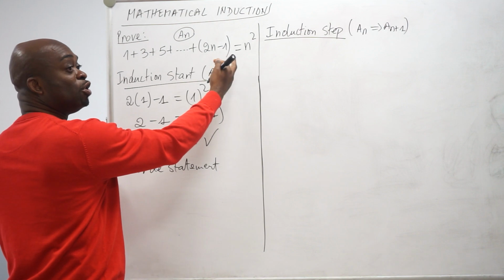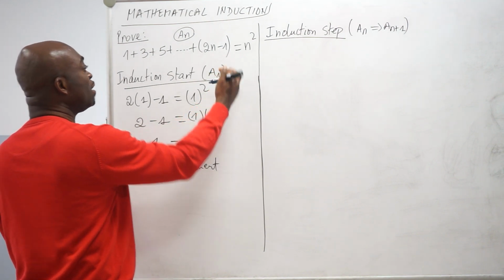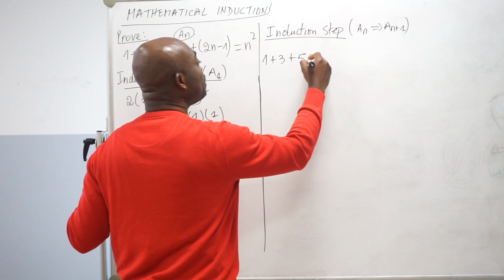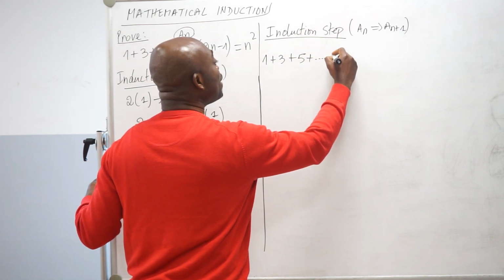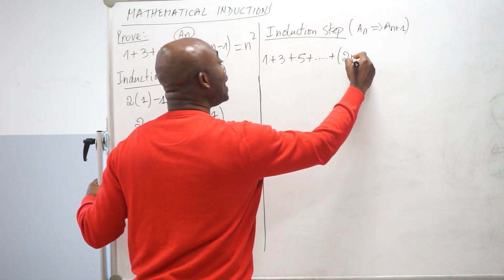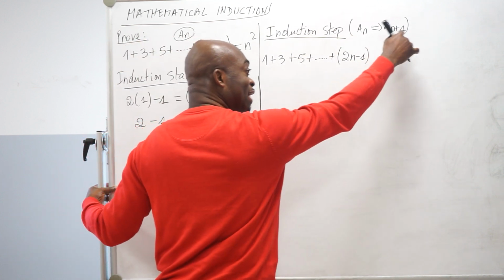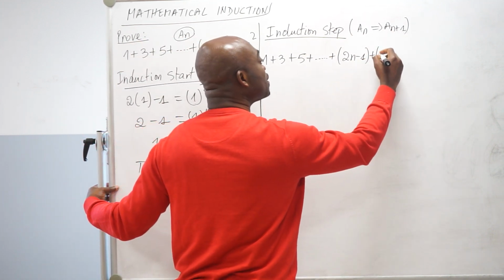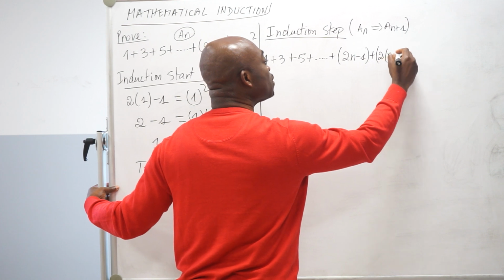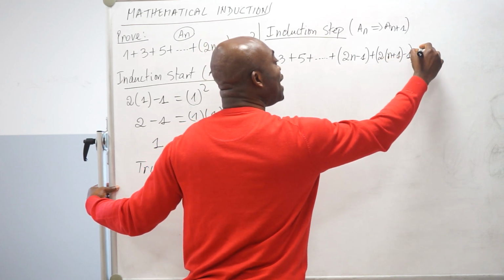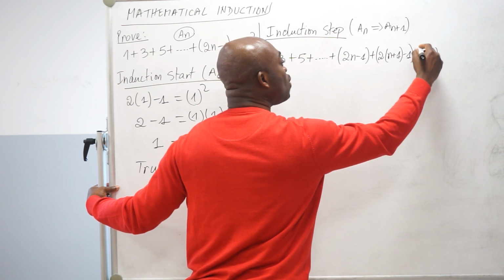So going back to this one here, which is 1 plus 3 plus 5 plus, we have plus 2n minus 1, right? Then the next one, which is n plus 1, so plus 2 times n plus 1 minus 1 equals n plus 1 squared.